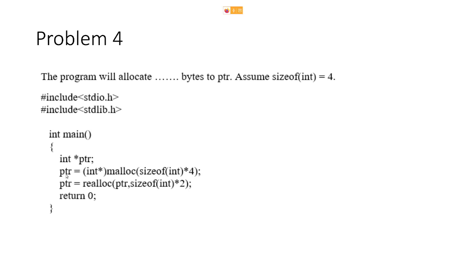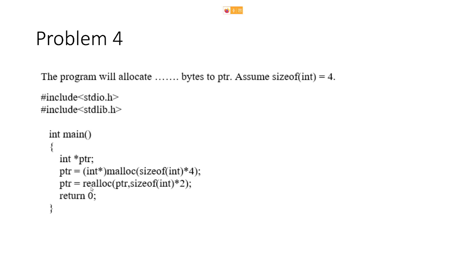Then you are initializing it by mallocing a block of memory, and the size of that block you have specified as size of int multiplied by 4. Malloc returns a void pointer and you want to assign it to an integer pointer, so you have done typecasting to an integer pointer.